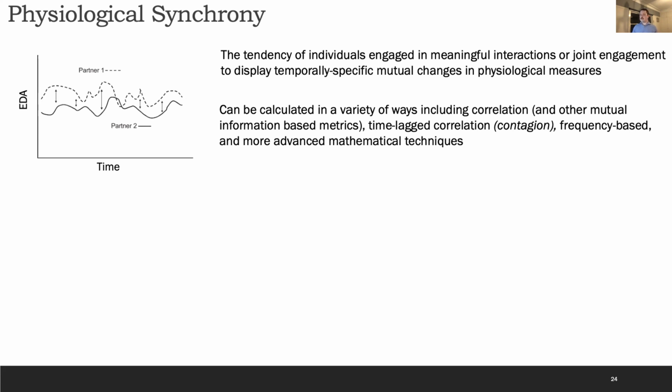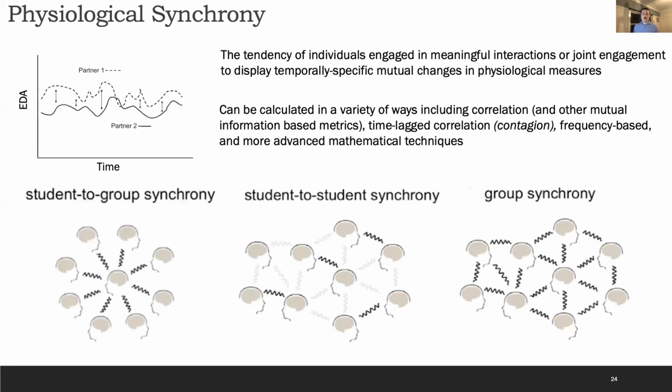There are many different ways this is calculated, including correlation, time-lagged correlation, and much more advanced signal processing techniques. But it's a really interesting tool to look at how individuals might be sharing similar physiological, and the inference there is psychological, states. This could be between individual students, between student and teacher, or as a whole group as well.